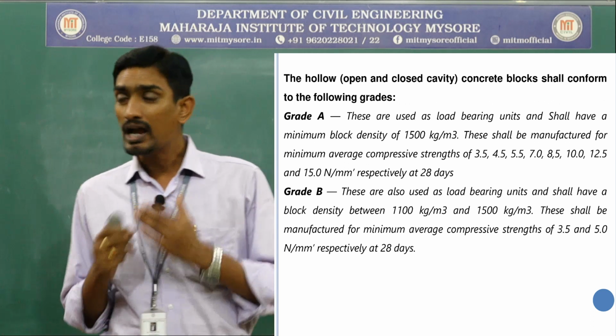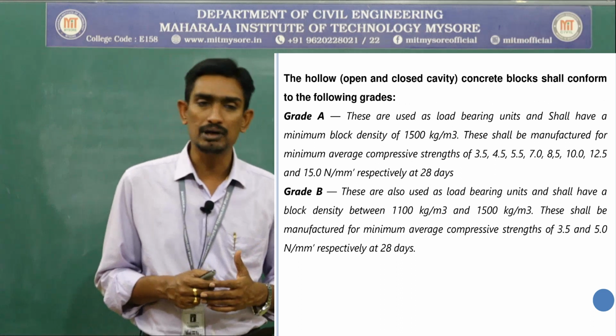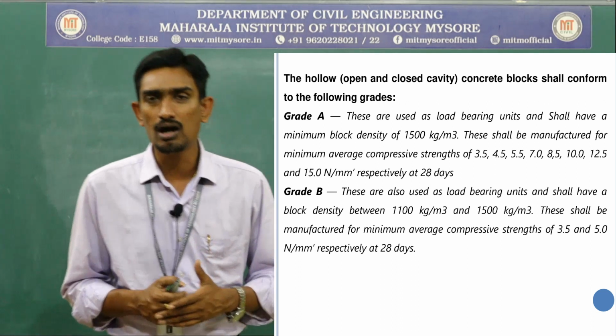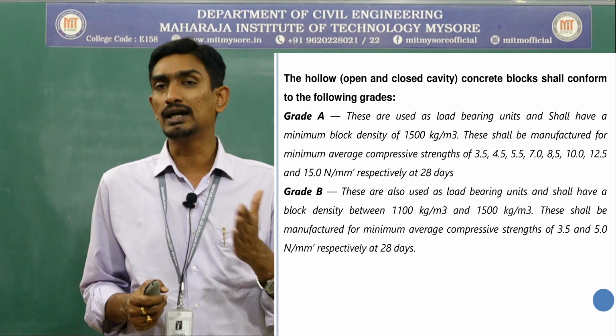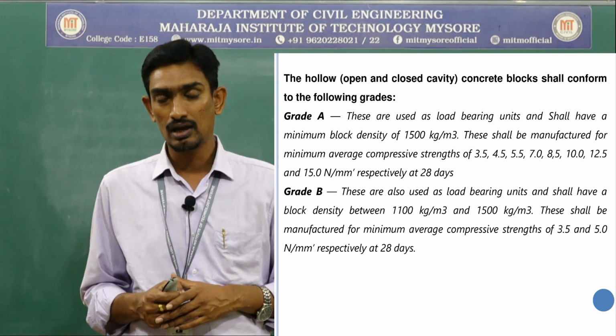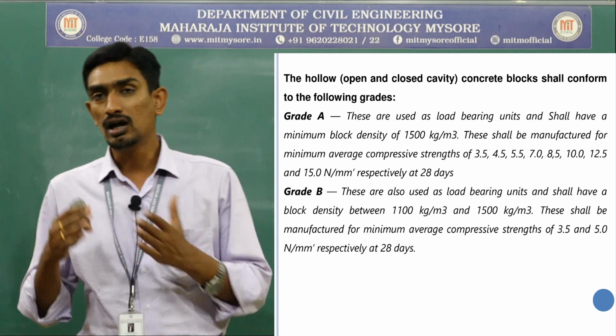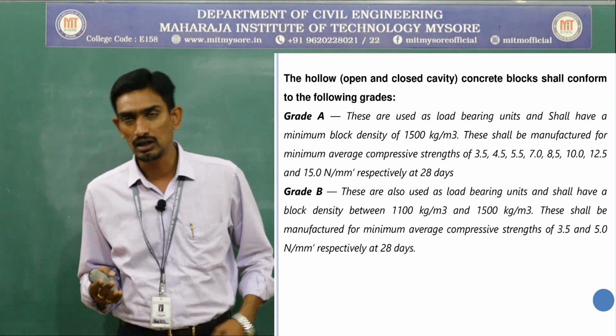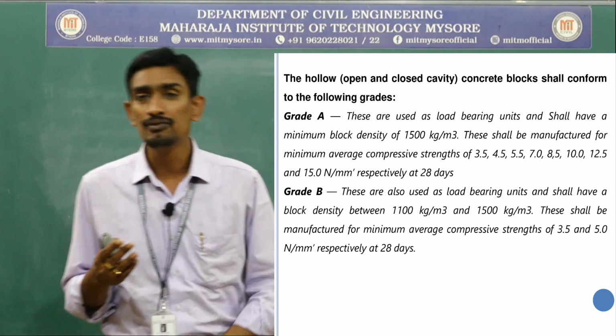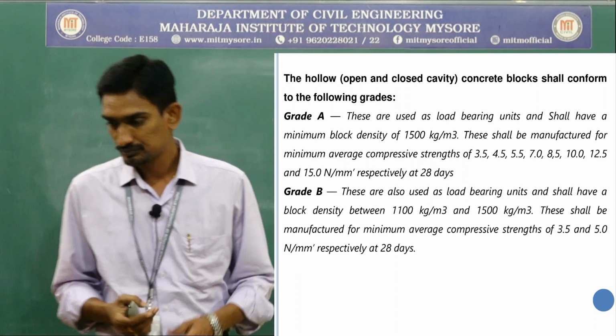I am specifying density here because in concrete blocks we produce both low density blocks and high density blocks. So in the construction of walls, we will be using both low density and high density concrete blocks.